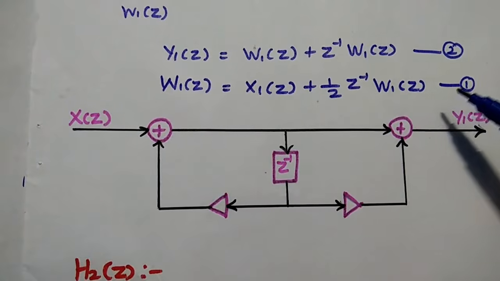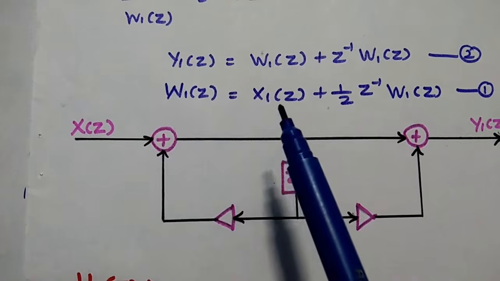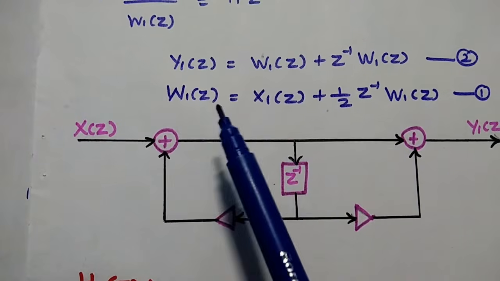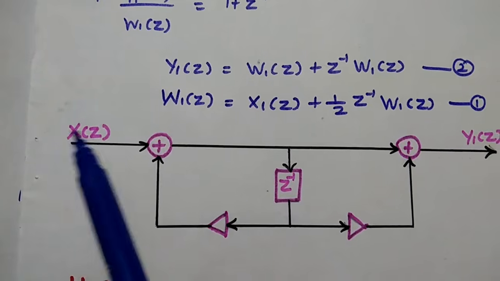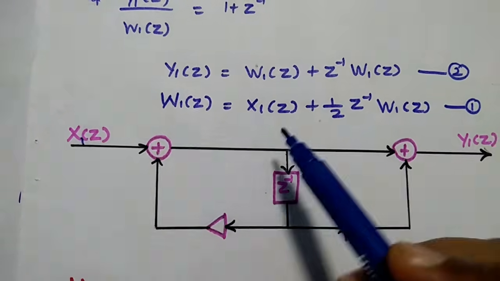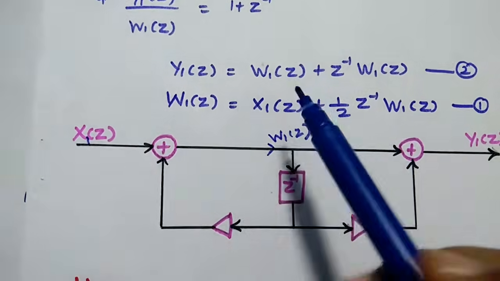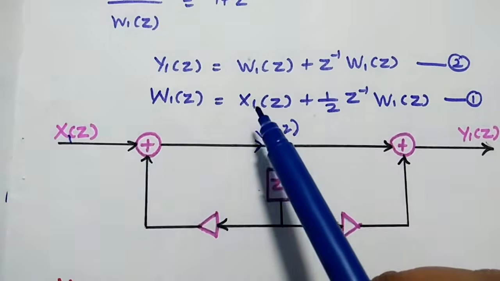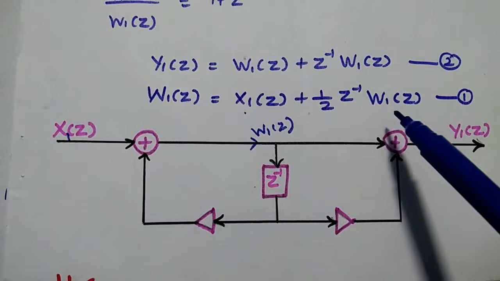So let's consider the first equation. In the first equation, X1 of z is the input, W1 of z is the output. So this is the input side, X1 of z we can consider here. Okay, so here the output is W1 of z. That can be obtained by adding X1 of z with 1 by 2 z power minus 1 W1 of z.